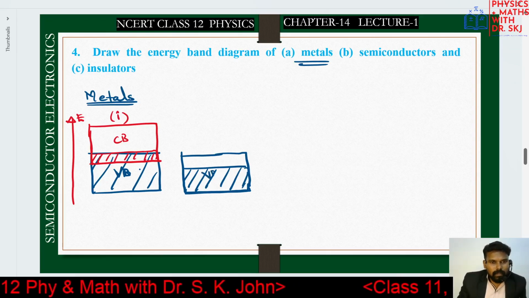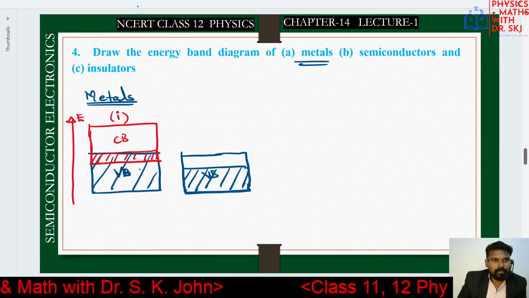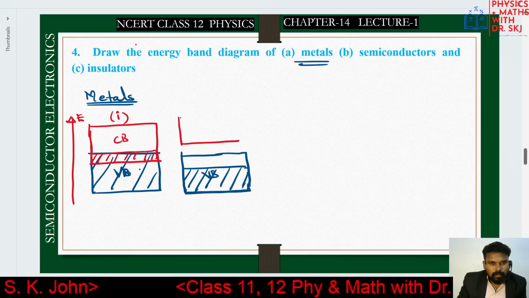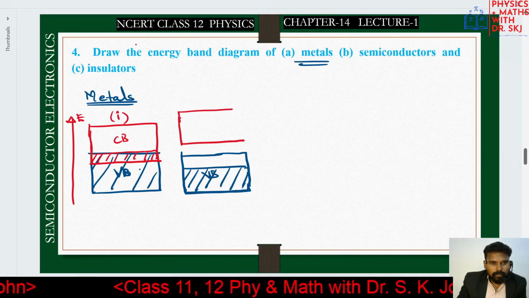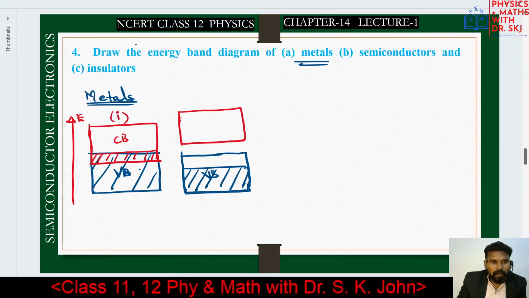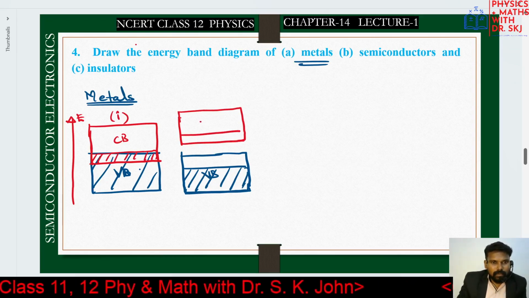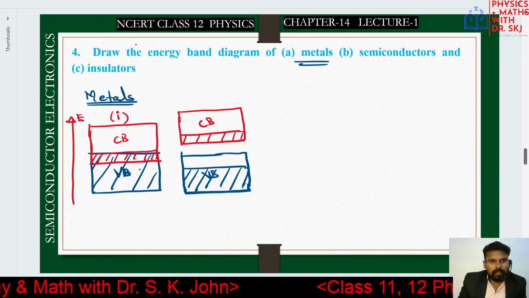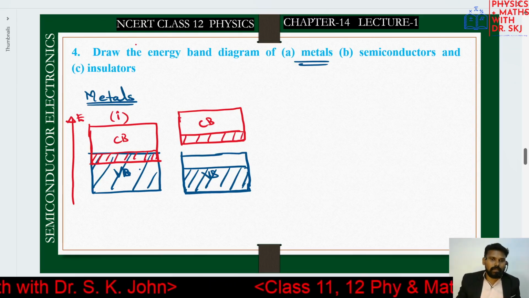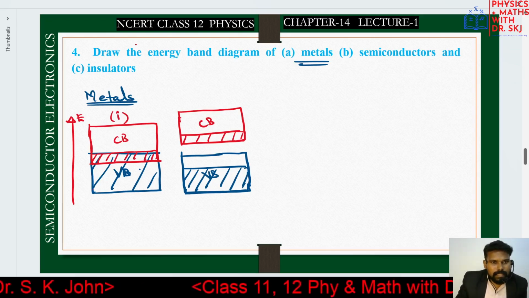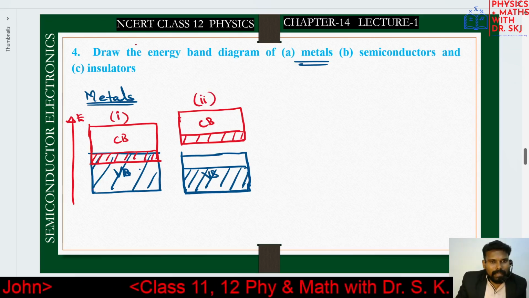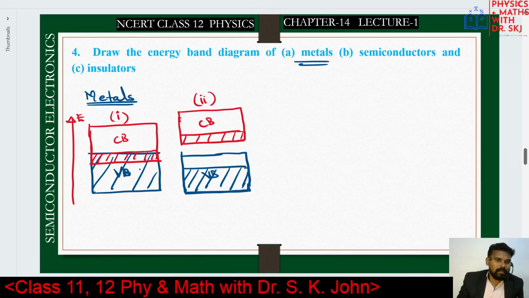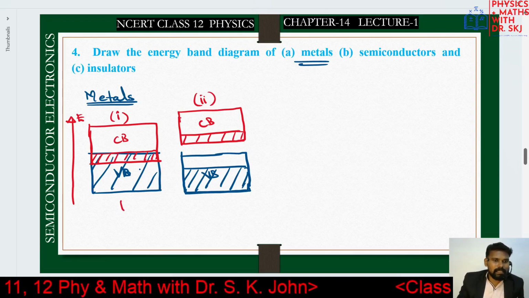And there is a conduction band which is partially filled. Somehow there are some electrons in the conduction band. This is the energy band diagram possessed by some other metals.